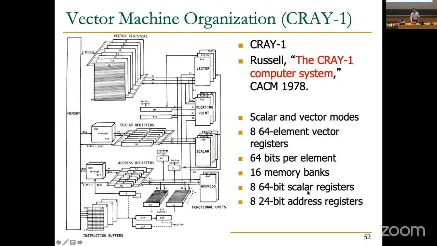But this also has scalar registers. So there's actually a scalar unit over here. You can see that it has 8 64-bit scalar registers, very similar to a scalar ISA like MIPS that we have seen. And then there's also an address unit that does address computation and address registers. And then there's a floating point unit at the time also. So it's a pretty beefy processor for its time.